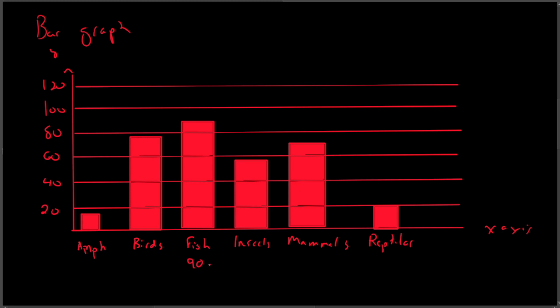There's about 90 species of endangered fish. We could compare that to birds, which are about 78 species. And if we zoomed in closer and closer, we would get an exact number. And in this, fish are the most endangered in America. And so bar graphs use bars to measure a quantity, and it measures like a ruler.